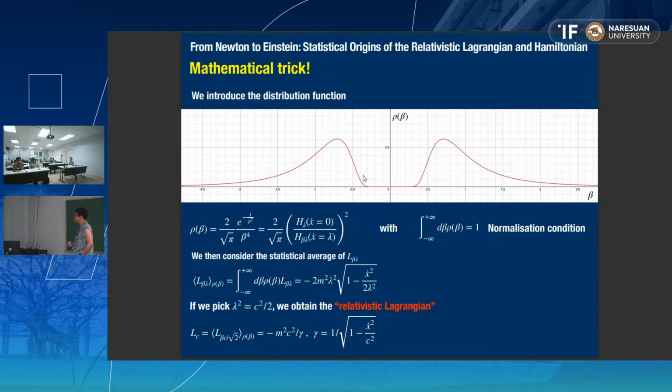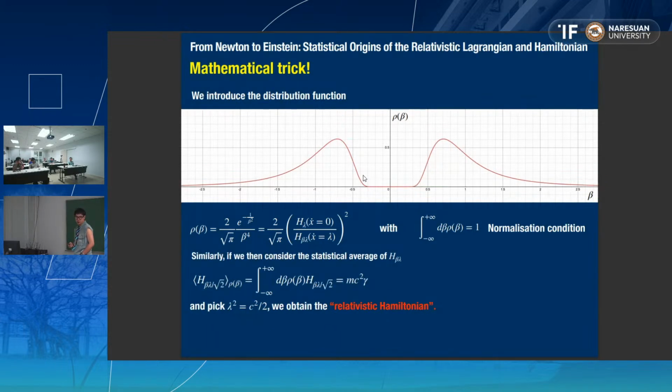Anyway, we can do the same with the Hamiltonian. With the Hamiltonian, you can do the average with this distribution, and you get this mc squared gamma. You can pick lambda to be c squared over 2, and you get the relativistic Hamiltonian, right? Okay.